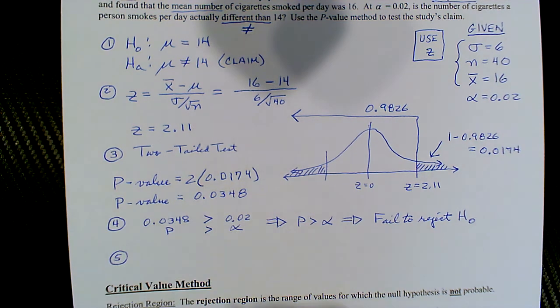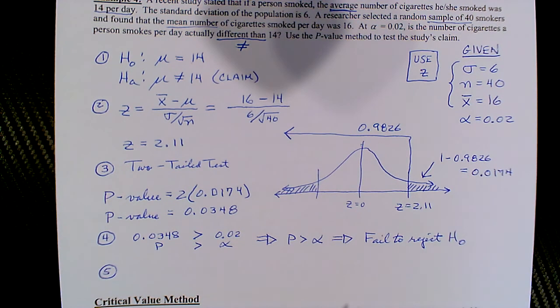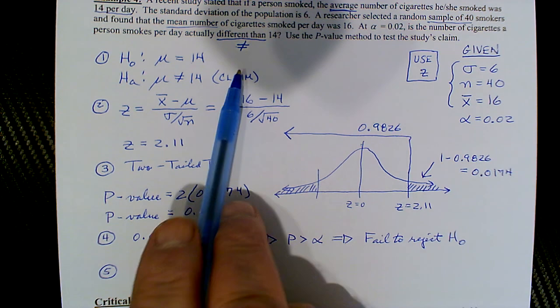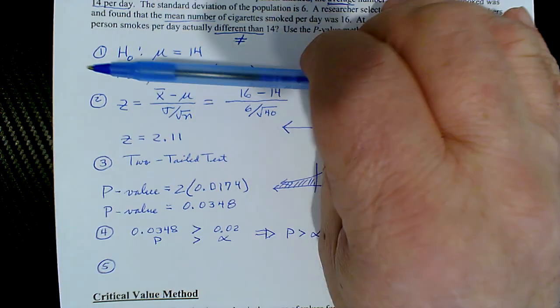Again, use the table or use just intuitive argument. Let me argue it intuitively, then we'll look at the table. HA is the claim. I'm failing to reject H0, which means that H0 is probably good. That means HA is not good.